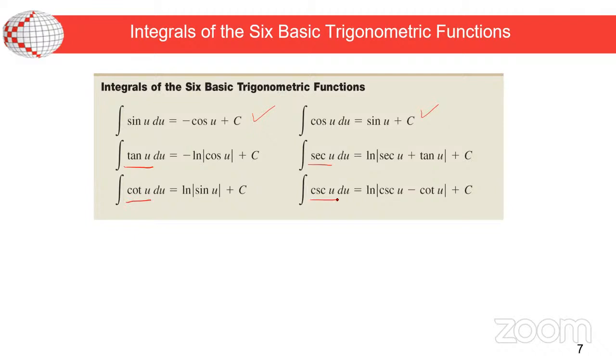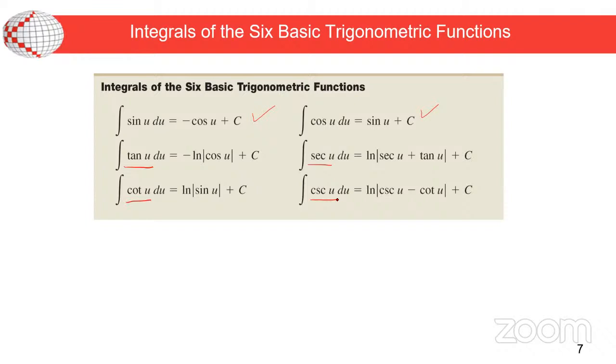So there are the six functions, and we would like to know their antiderivatives, because the previous six formulas do not tell us which functions have those four trig functions as their derivatives. So it turns out we have those four formulas.